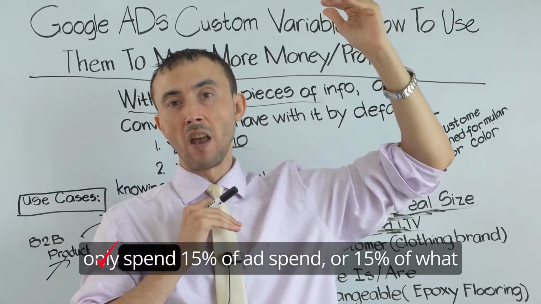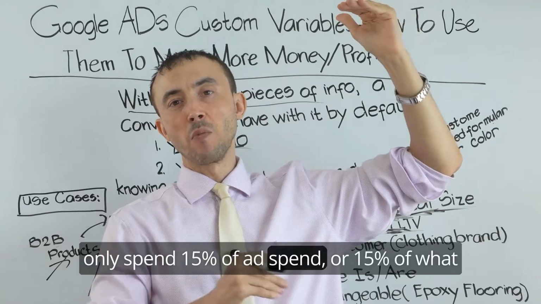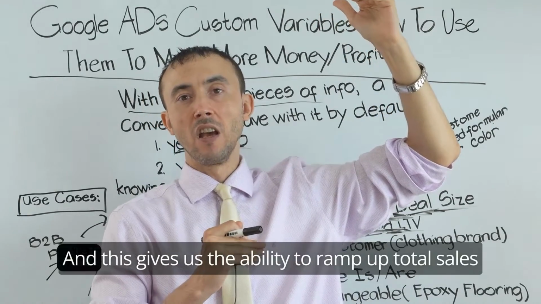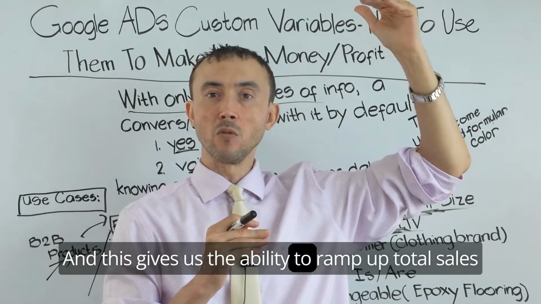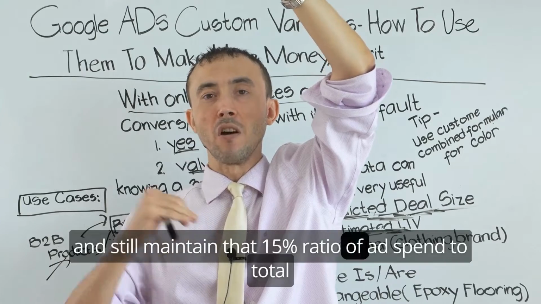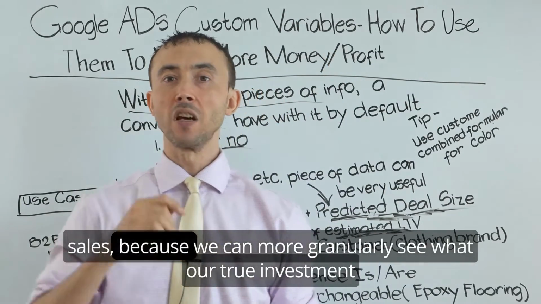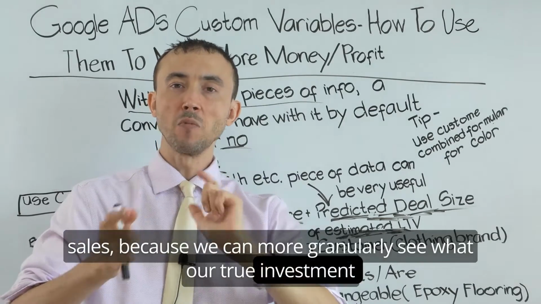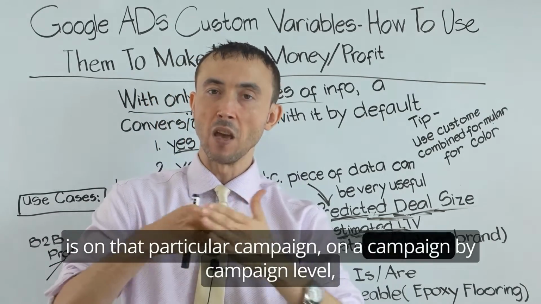Because at the end of the day, after all this, we know we have to only spend 15% of what our total company revenue is on ad spend. And this gives us the ability to ramp up total sales and still maintain that 15% ratio of ad spend to total sales. Because we can more granularly see what our true investment is on a campaign by campaign level.